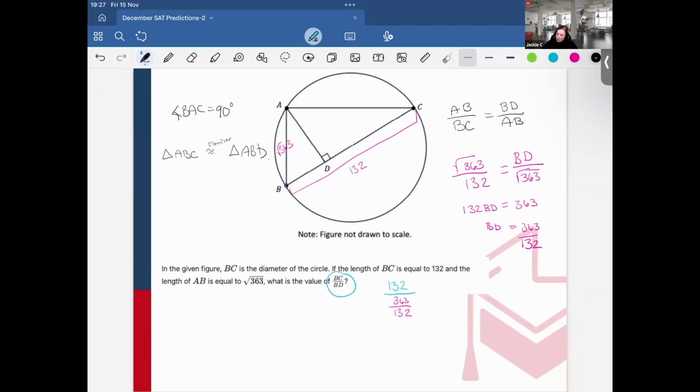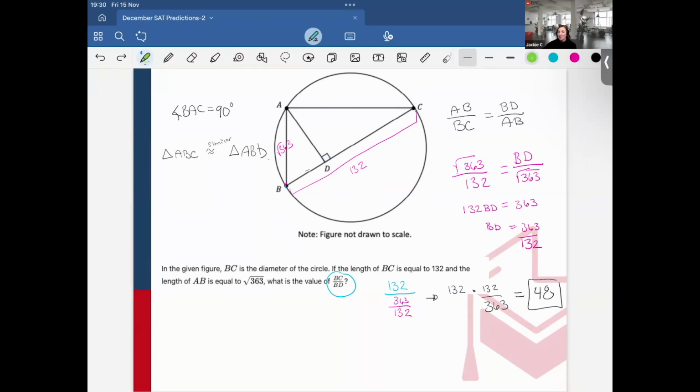Let's simplify. So this would really be 132 multiplied by 132 over 363, which simplifies to the correct answer, which is 48.